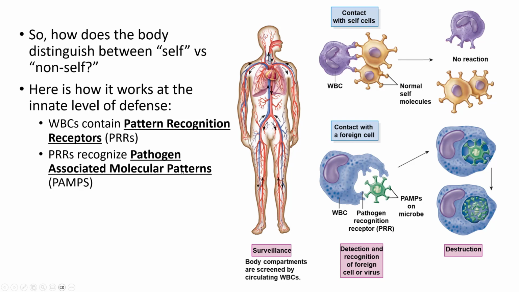But the idea is that microbes that are foreign to us have distinct characteristics, like flagella, like peptidoglycan. And those are distinctly different from our own body characteristics. So these pattern recognition receptors have specificity to structures that are uniquely foreign, and they should not ever be found as a part of the normal body construct.